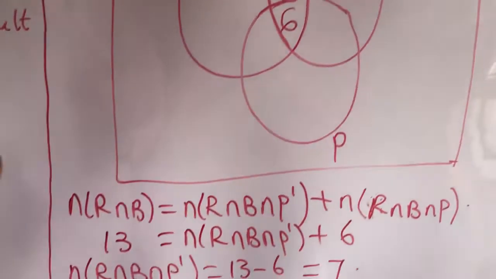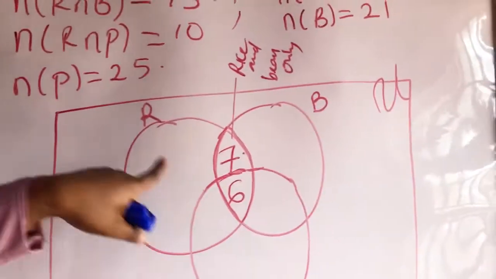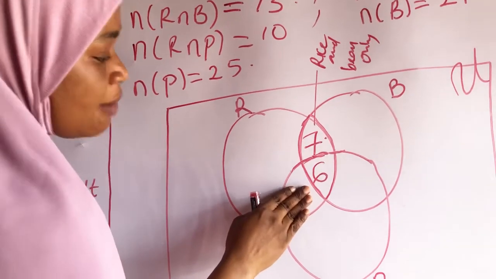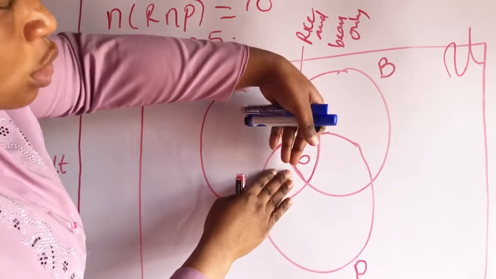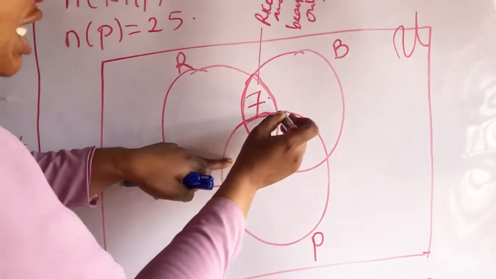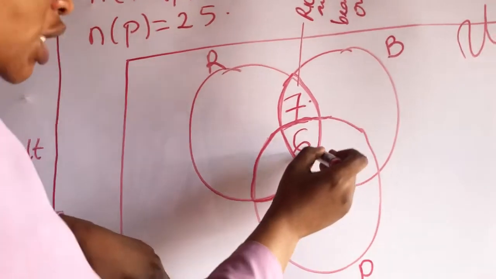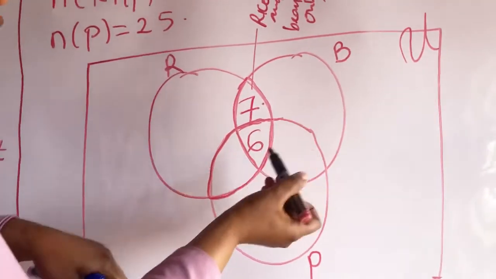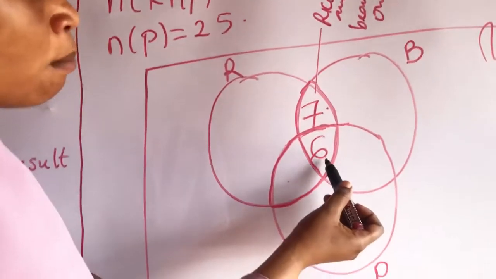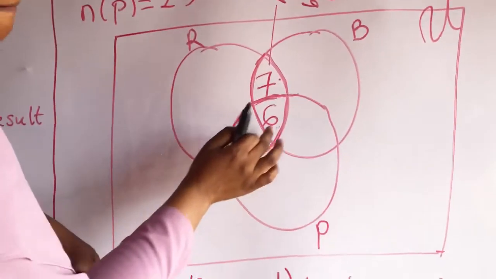Okay, now another one is that we want to find those that like rice and plantain only. This place is for those that like rice and plantain only. It doesn't have anything to do with beans. But the one that comprises rice, beans, and plantain, that is rice and plantain only, plus rice, beans, and plantain, will be rice and plantain.